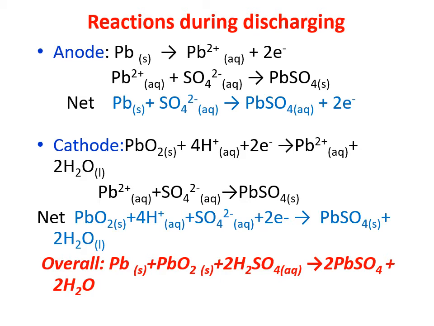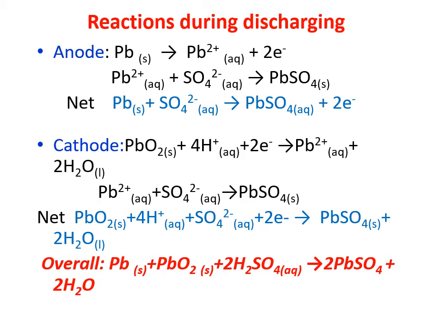Reaction at cathode. PbO2 plus 4H+, this 4H+ is from electrolyte, plus 2 electrons gives Pb2+ plus 2 H2O. Then this Pb2+ ion reacts with SO4 2-. It gives PbSO4.